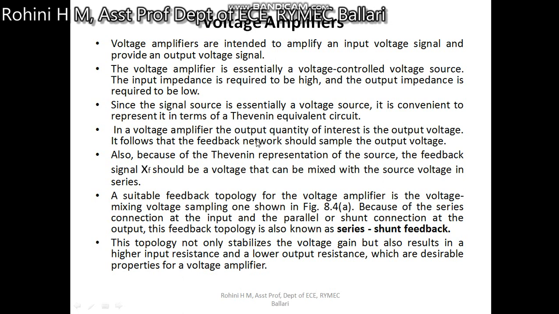So in a voltage amplifier, the output quantity of interest is the output voltage. It follows that the feedback network should sample the output voltage.